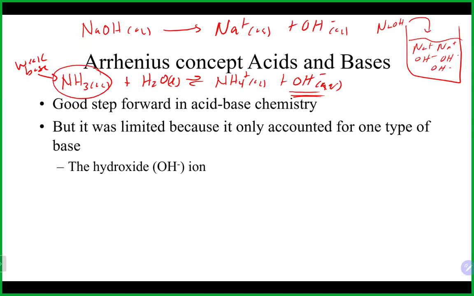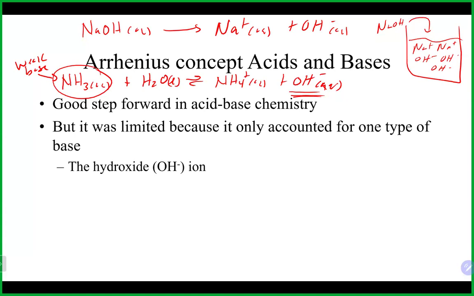So not all bases will have hydroxide on them, if you will. A lot of your strong bases, like I mentioned before, will. If you look at group one, if you start with lithium, sodium, potassium, and then hang a right-hand turn to calcium, strontium, and barium, if you put any of those with hydroxide, pretty much they're going to be strong bases.